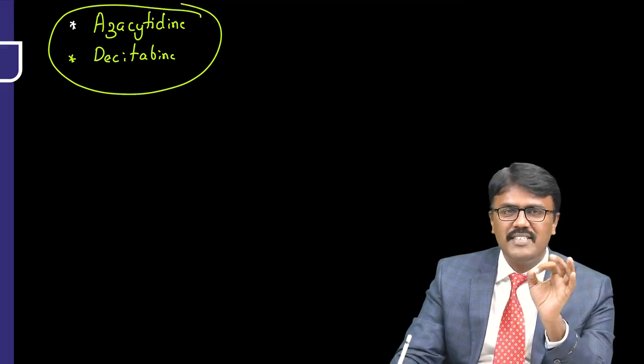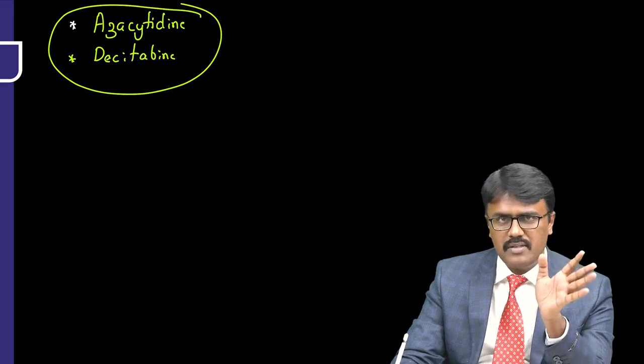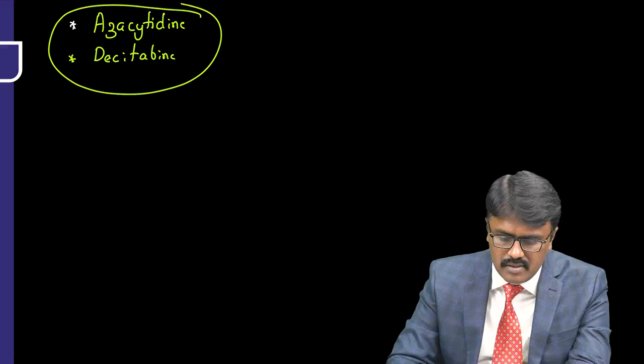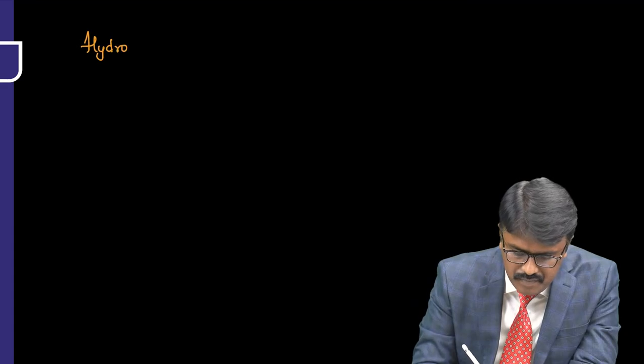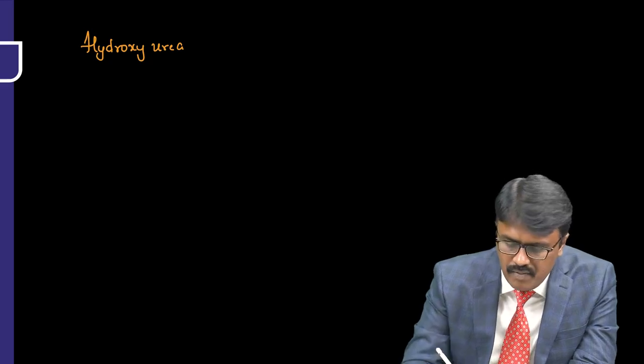Until now, what we discussed are S phase specific drugs. They are also called antimetabolites. The last drug remaining in S phase is called hydroxyurea. Hydroxyurea, what is the mechanism of action?